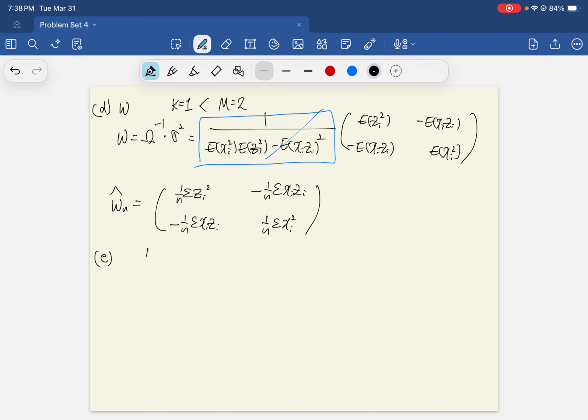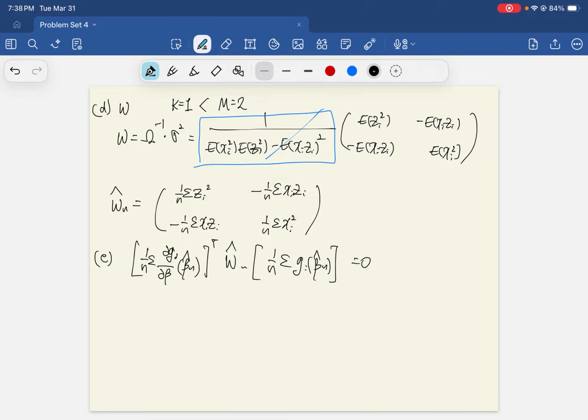The first order condition would look like this: the derivative's transpose and the weighting matrix times the moment equals 0. This is your weighting matrix, like a first order condition, right? It will involve some tedious algebra, but let's do that.